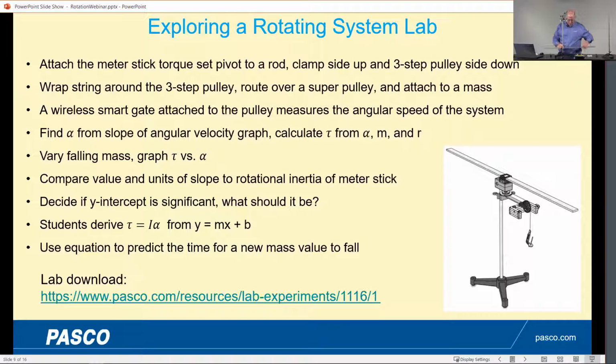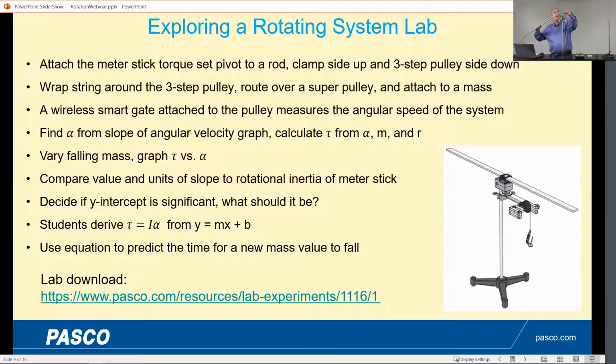So we can wind the 3-step pulley up. You have to be careful, there are 2 pulleys in this experiment. Now this is going to apply a torque and make this spin, but that's going to be pretty fast.